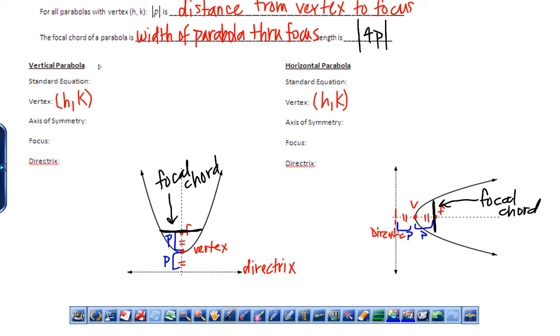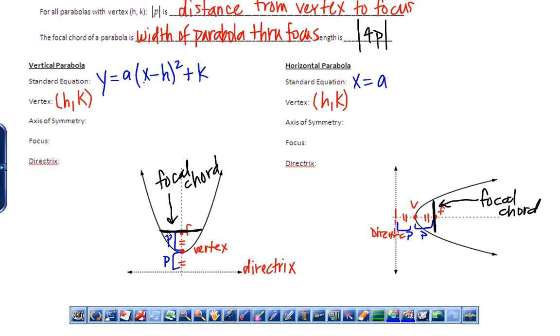On a vertical parabola, this is going to kind of be your norm. This is going to be y equals, you have an a value, and this is x minus h quantity squared, plus your k on the outside. Remember, I have a center, which is (h, k). The difference in your horizontal looks a little bit different. You're going to have x equals, you still have an a on the outside.